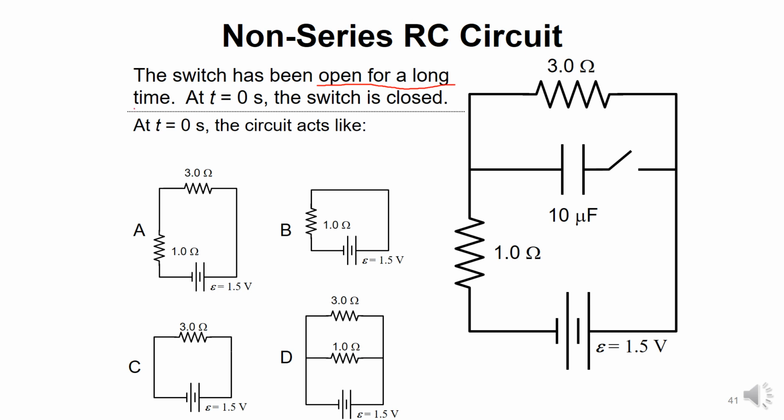Let's underline it. That means the capacitor is uncharged. Because the switch has been open for a long time, the capacitor wasn't charging by itself. It was losing charge, probably to the rest of the circuit.